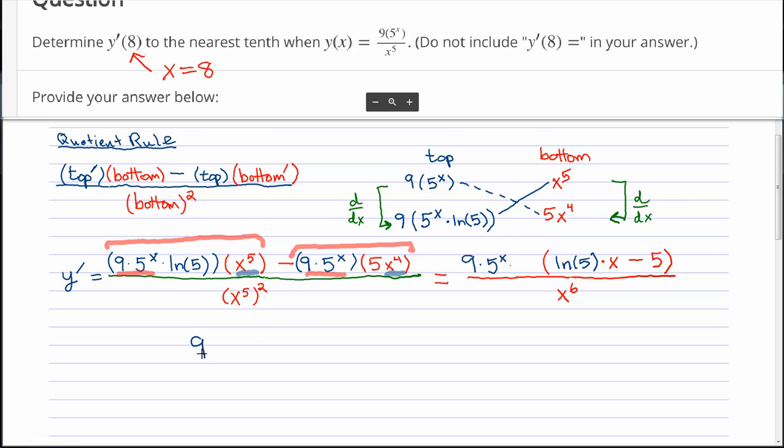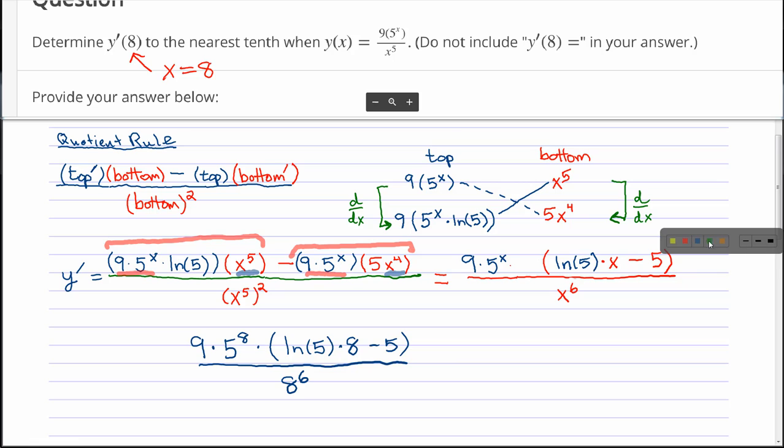It's going to be 9 times 5 to the 8th, and that's an enormous number, and then multiplied by the natural log of 5 times 8, and then minus 5, and then all of that gets divided by 8 to the 6th, which again is a very large number. But I would call that pretty much my final answer right there.